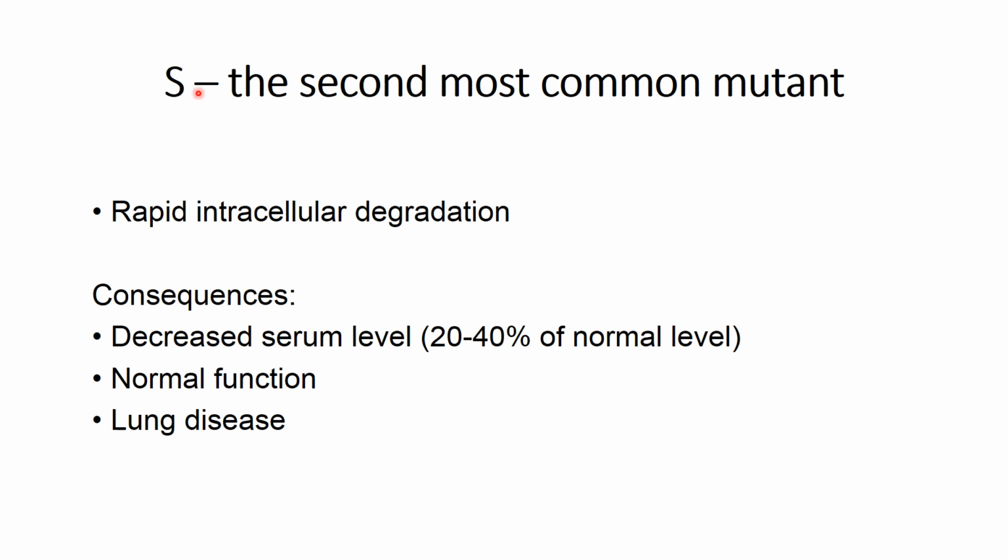The S variant, which goes through rapid intracellular degradation, again, some protein is secreted, but it is at a much decreased serum level that we can measure. It is working normally, but we have less, so the result is most of the time lung disease.